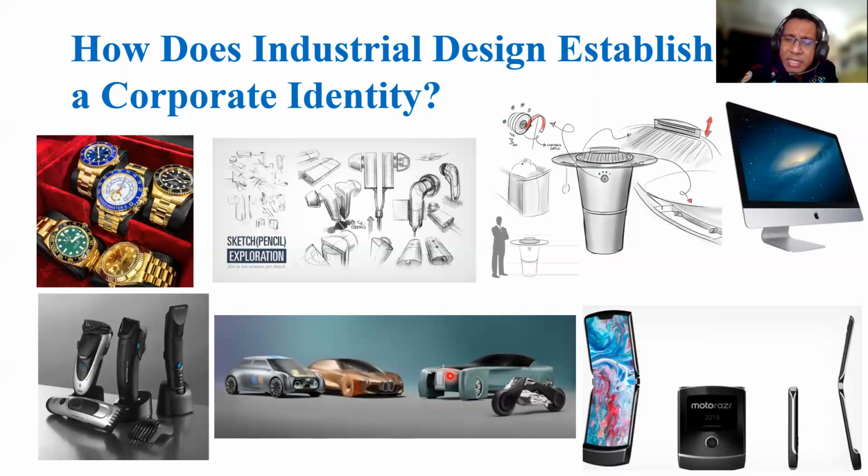So in a product-based company, industrial design plays an important role in determining the company identity. Industrial design determines a product's style, which is directly related to the public perception of the company.